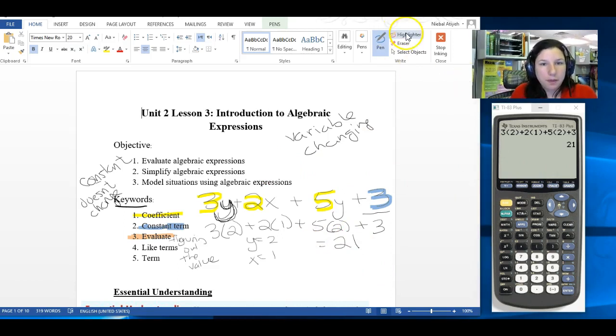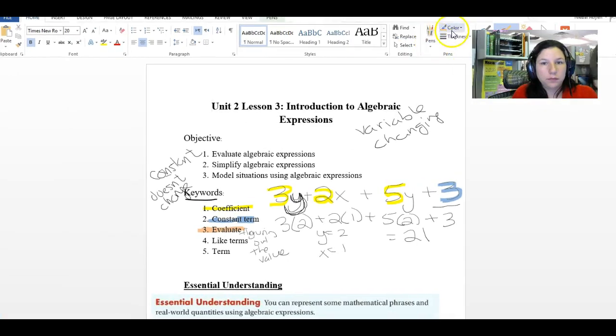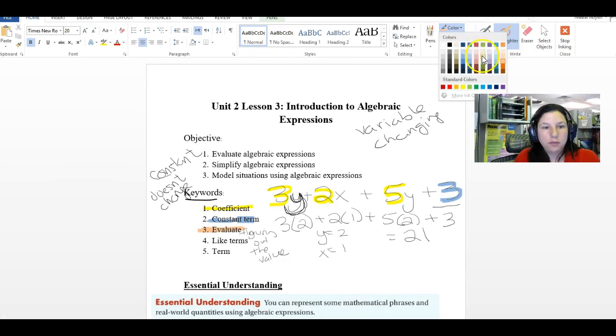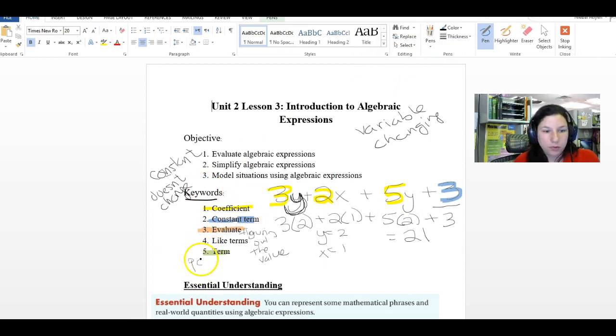All right, I'm going to skip and do terms next. Let's do that in green. Your terms are your parts or pieces to the expression. Parts or pieces.